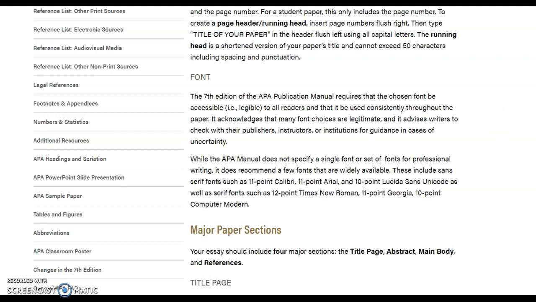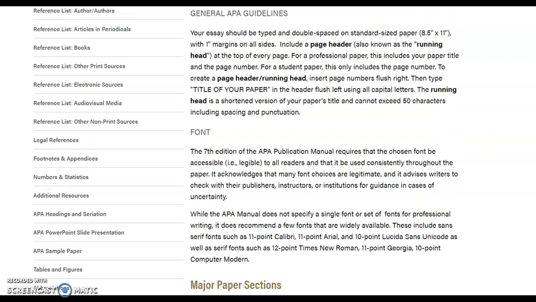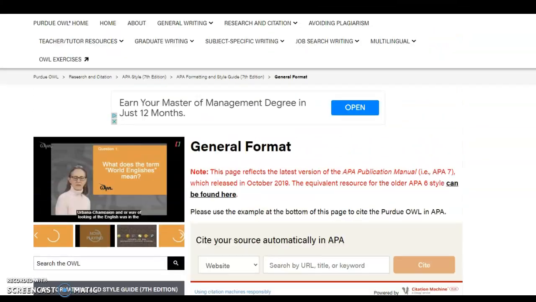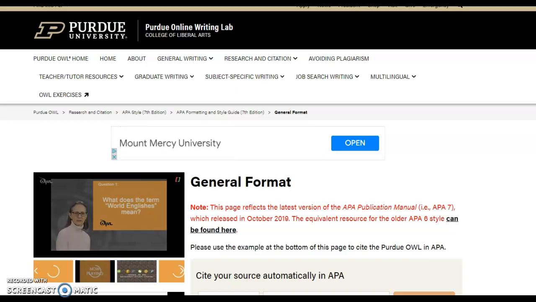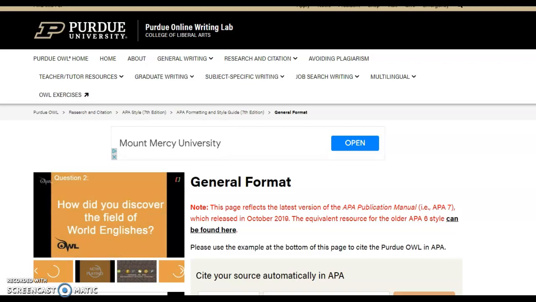So, with that being said, I just wanted to summarize APA format in terms of what's recommended. And this is a very good website, class, to use. It is the Purdue Online Writing Lab over at Purdue University, part of their College of Liberal Arts. I just wanted to cover that.